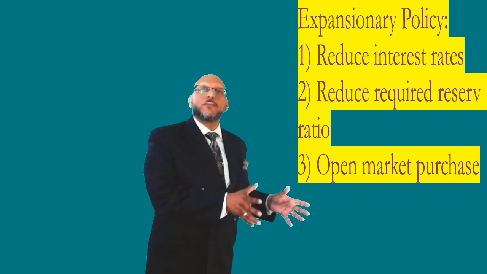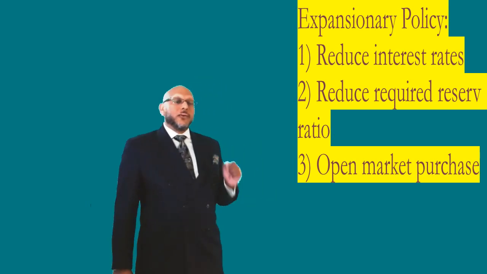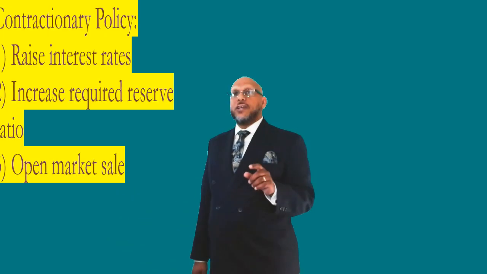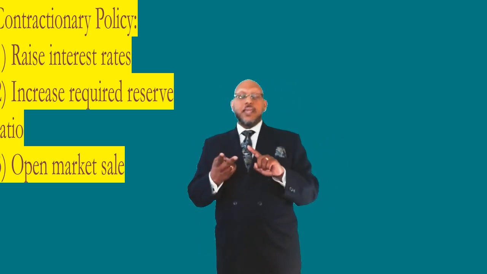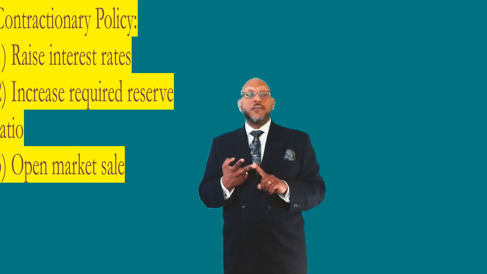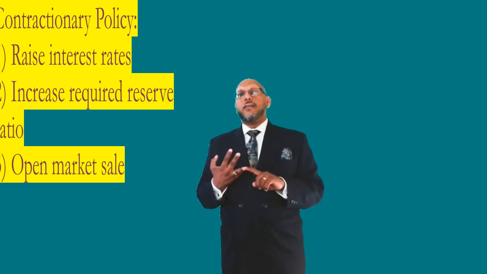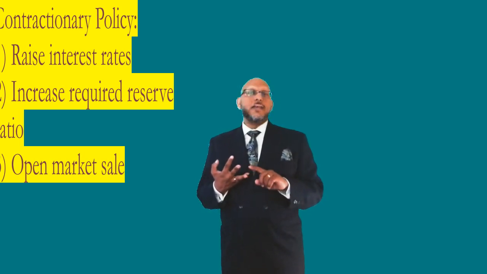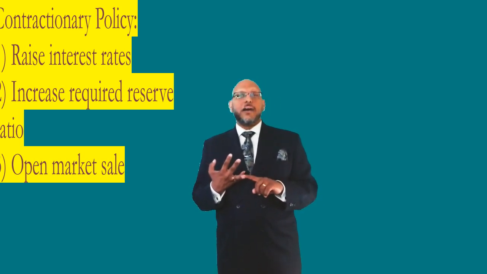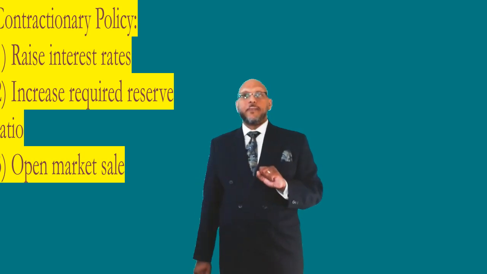That encourages more spending. Those are expansionary. Now, contractionary is the opposite. The Federal Reserve increases interest rates, increases the required reserve, and initiates open market sales. Not purchases, but sales, which is selling bonds versus buying bonds.